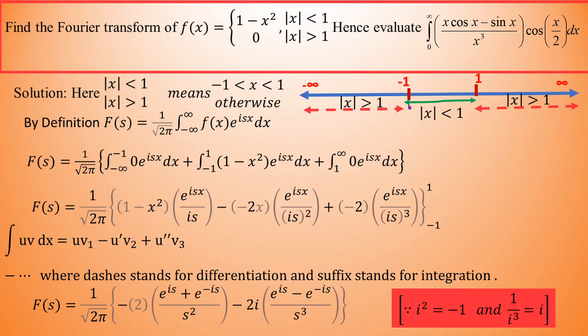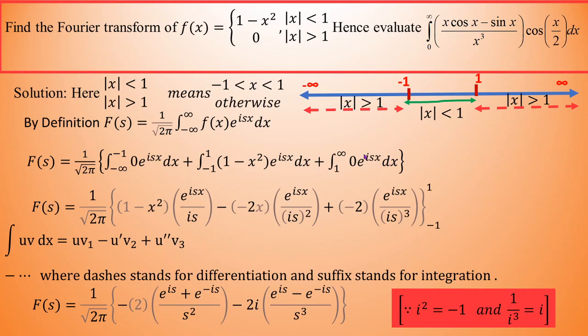First is minus infinity to minus 1. From minus infinity to minus 1, f of x is taking the value 0. The next is minus 1 to 1. Over here f of x is 1 minus x square as defined. And then for 1 to infinity, again f of x takes the value 0. So this is according to the definition of f of x.